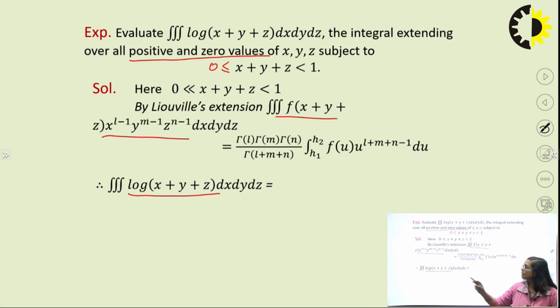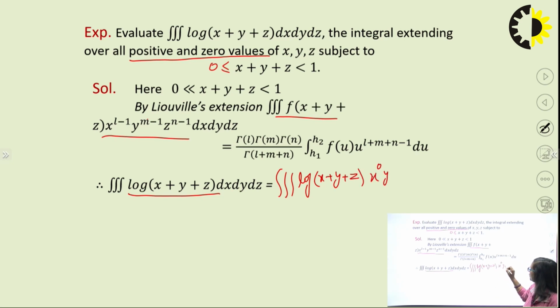What I need next is x to the power l minus 1, y to the power m minus 1, z to the power n minus 1, which is missing here. Means here the power of x is 0, power of y is also 0 and power of z. So I write this as the triple integral of log(x plus y plus z) into x to the power 0, y to the power 0, z to the power 0 into dx dy dz. I can write it like this.